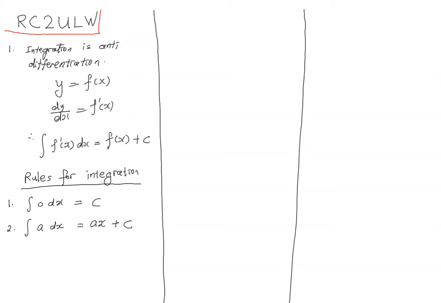Okay, next. If you integrate a constant times x to the power n dx, what is the constraint for the value of n? Can someone tell me?